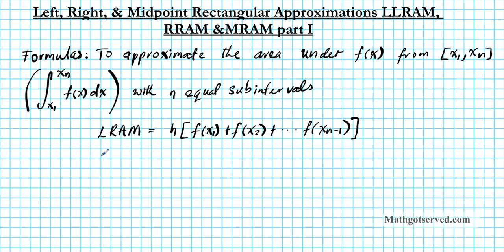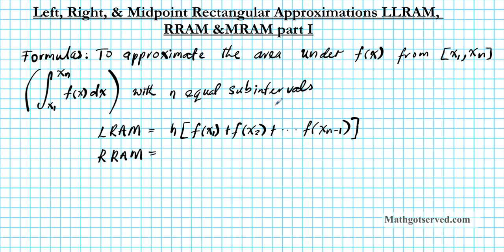Now, how about if we wanted to compute the right-hand, or right endpoint, rectangular approximation? It's similar to the left-hand rectangular approximation. The only difference is we pick all the points to the right of the left endpoint on our interval.